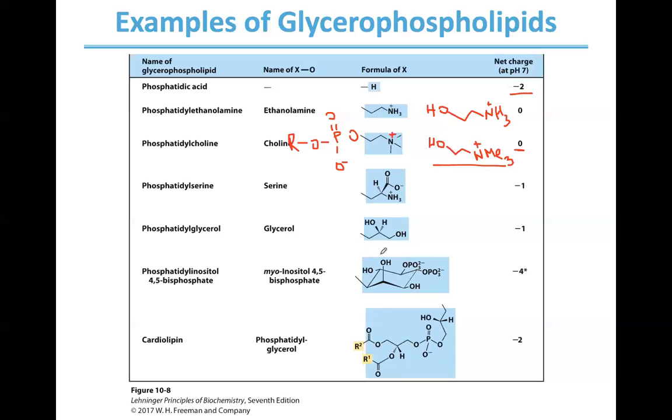Oftentimes this lipid undergoes cleavage and forms myo-inositol 1,4,5 triphosphate, which goes inside the cell and transduces the signal. For example, it goes to the endoplasmic reticulum and causes the release of calcium into the cell. So a lot of lipids are signaling molecules.